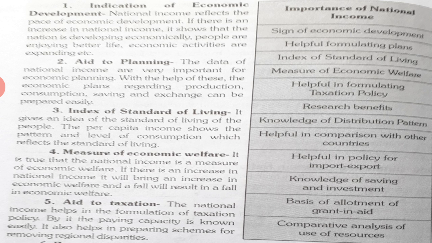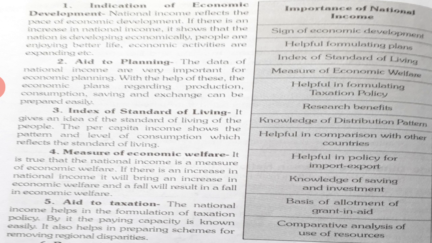National income is calculated by two ways, mainly income method and expenditure method or consumption method. So when it is calculated, it is easy to find the rate of propensity to save, on the basis of which capital formation is done.